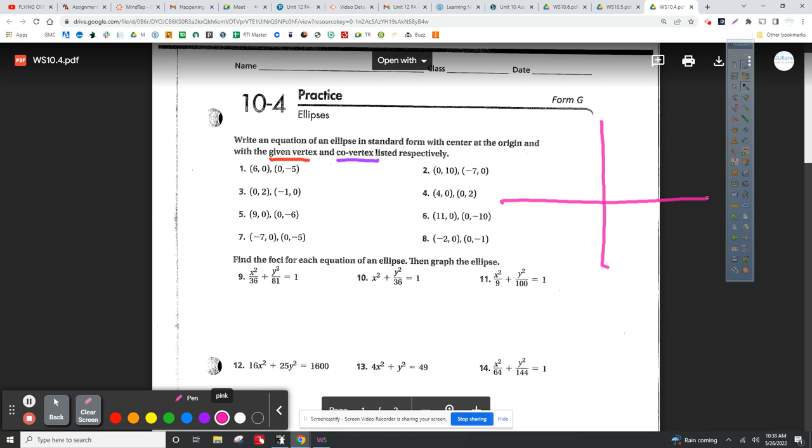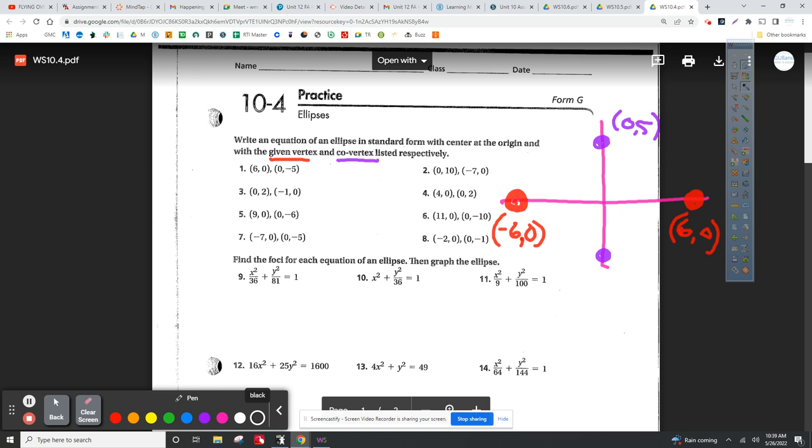So if we were going to sketch a quick graph, if the vertex is 6 comma 0, then there's another vertex at negative 6 comma 0. Okay? And then we have a covertex at 0, negative 5. So where do you think the other covertex is? That's right.